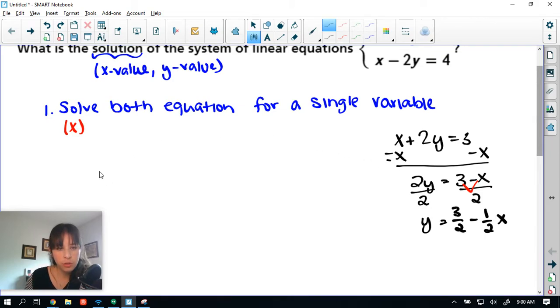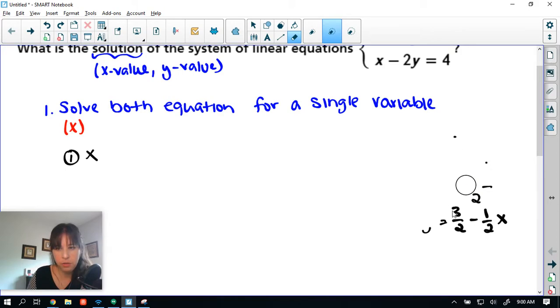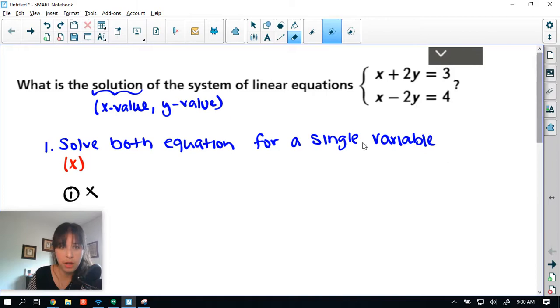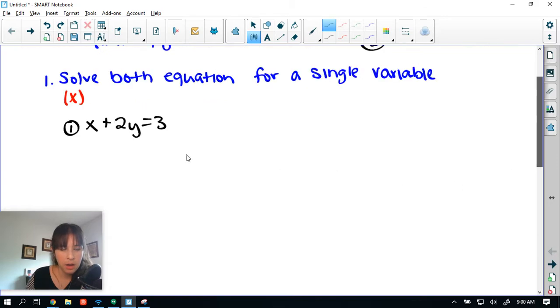So what we're going to do is we're just going to solve for x. So in equation 1, I have x. Let me erase all this here so it's not confused with some of the math that I'm going to do here. That was just my example on why I'm going to choose x. So x plus 2y, and this is equation 1, and this is equation 2, equals 3. So here, all I have to do is just subtract 2y.